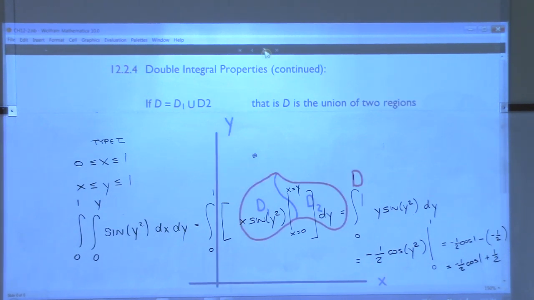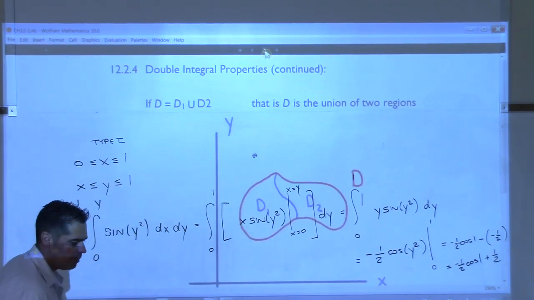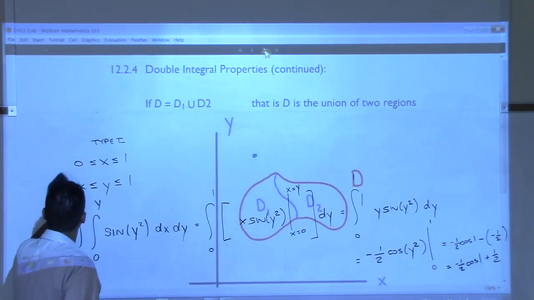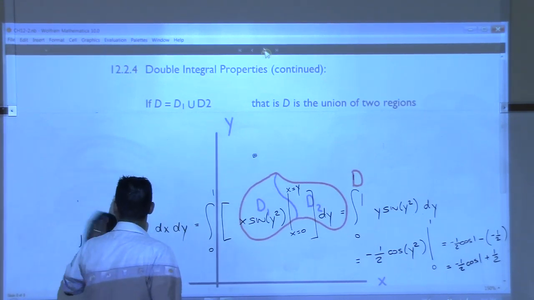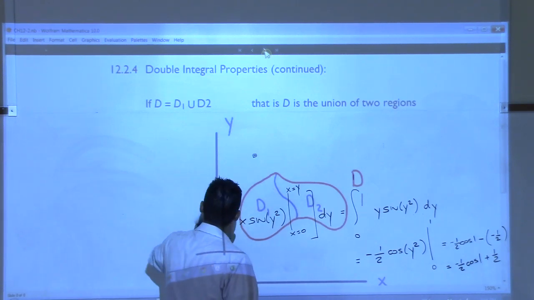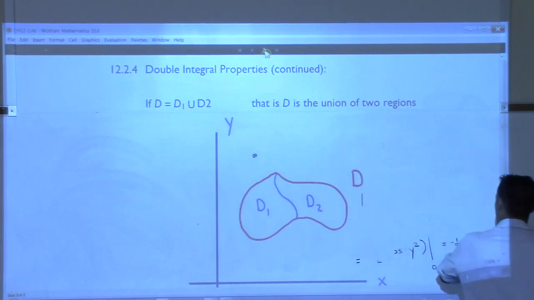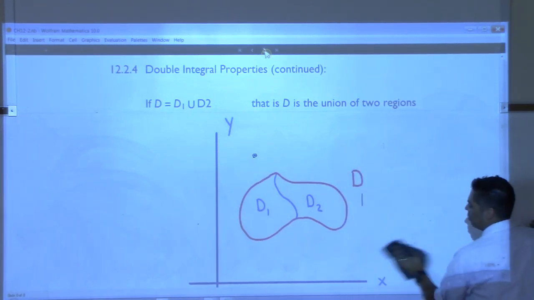All right, some properties of double integrals. So there's some good news here.